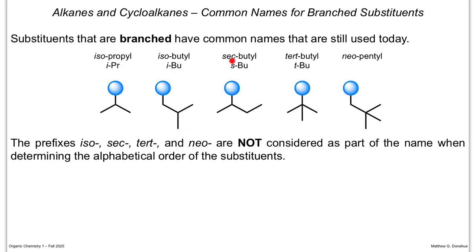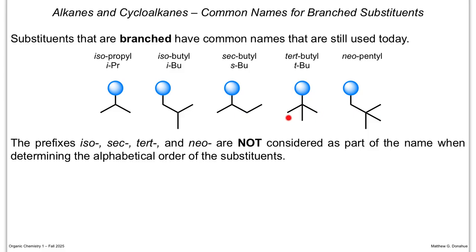Sec means secondary. So you have a chain that's branching at the secondary position. T means tertiary. So tertiary butyl. Now the point of attachment is that quaternary carbon.